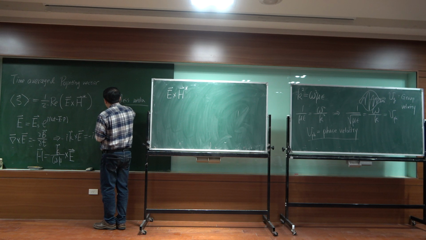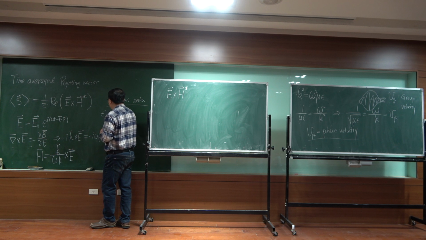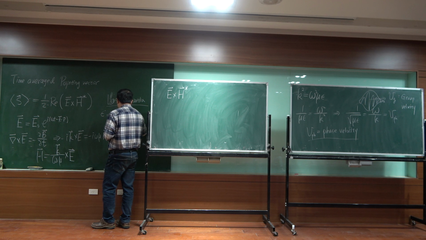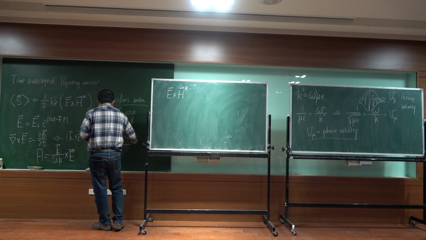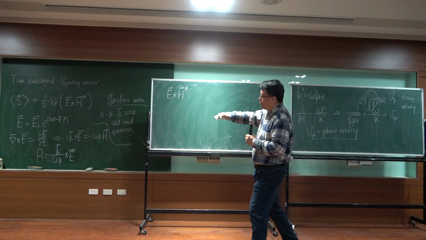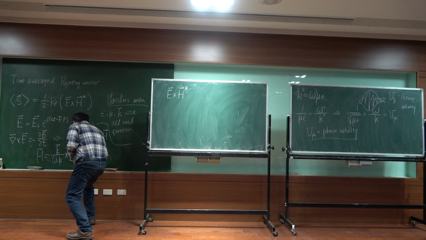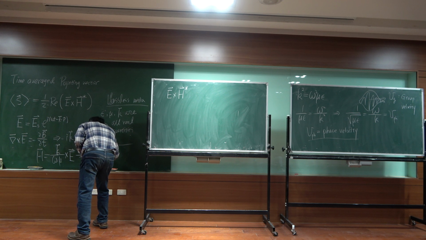So in a lossless medium, epsilon, mu, k are all real quantities, so H is also a real vector.